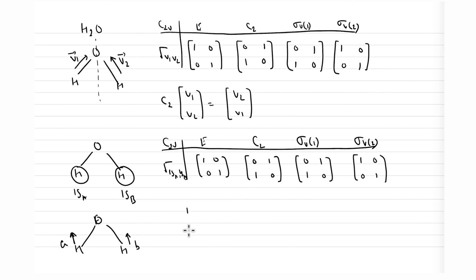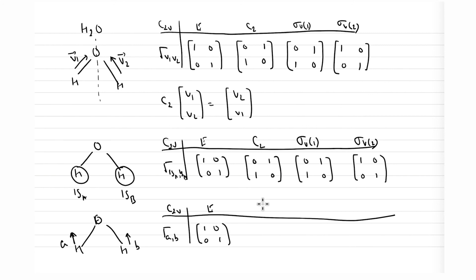In this case, tau AB will again be the same. Now for C2, what happens? If I'm doing a C2, A will be replaced with B, B will be replaced with A, but in addition to this, their directions will also change. So if I'm doing a C2 rotation, B will come here but with a direction downwards. Similarly, A will come here but with a direction which is downwards.